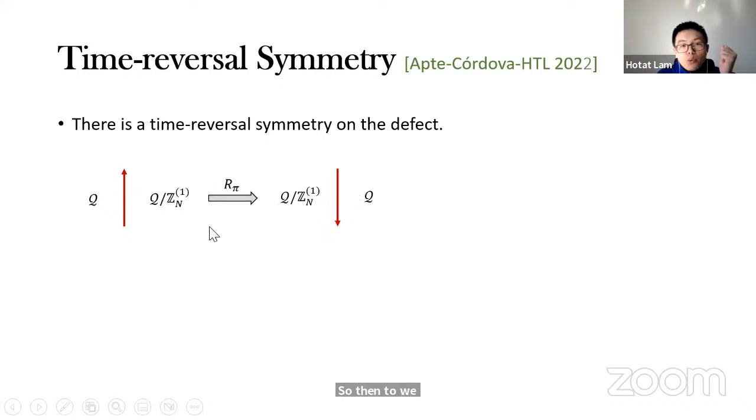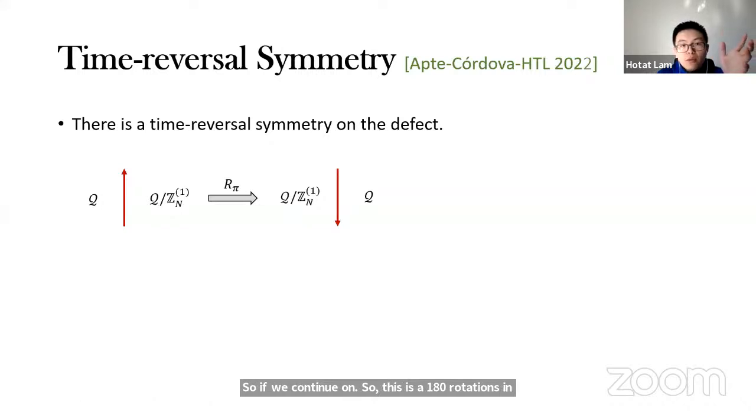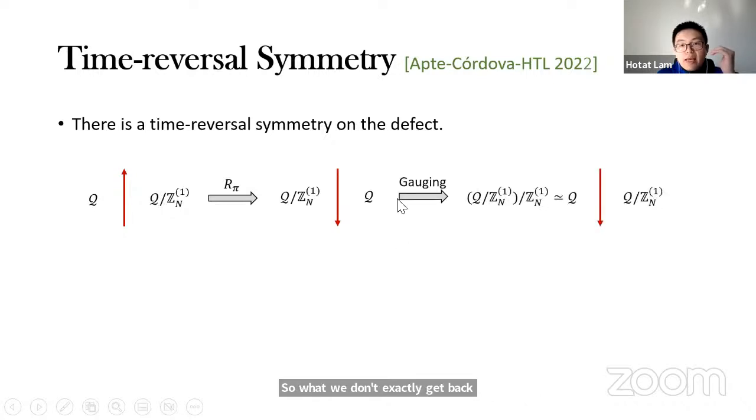So this is a 180-degree rotation in Euclidean signature. If we analytically continue to Lorentzian signature, this 180-degree rotation becomes CRT, which is always a symmetry of quantum field theory. So we don't exactly get back to the original theory. But the next thing we can do is imagine gauging the ZN one-form symmetry everywhere.